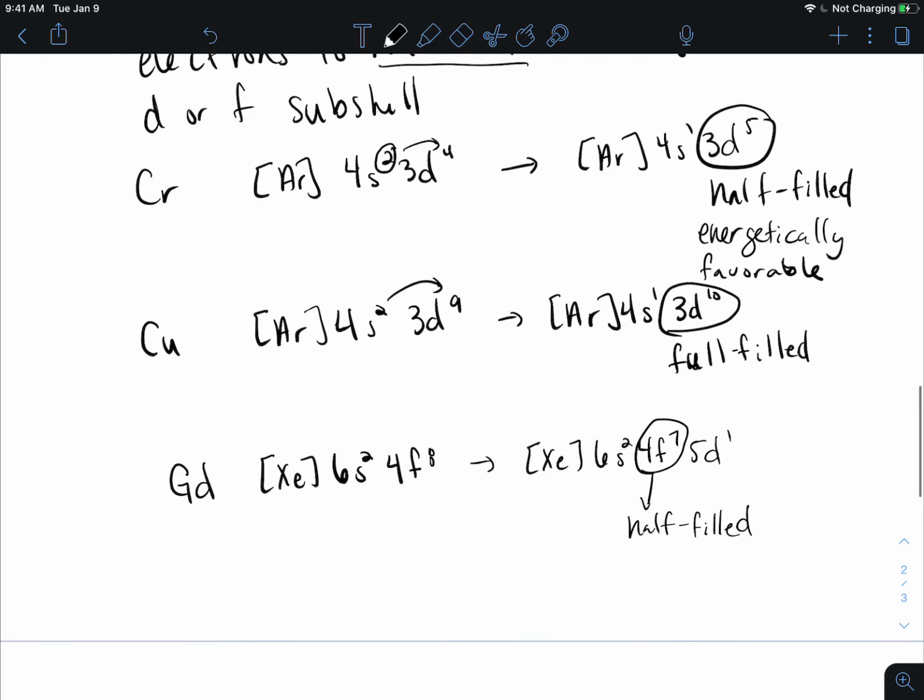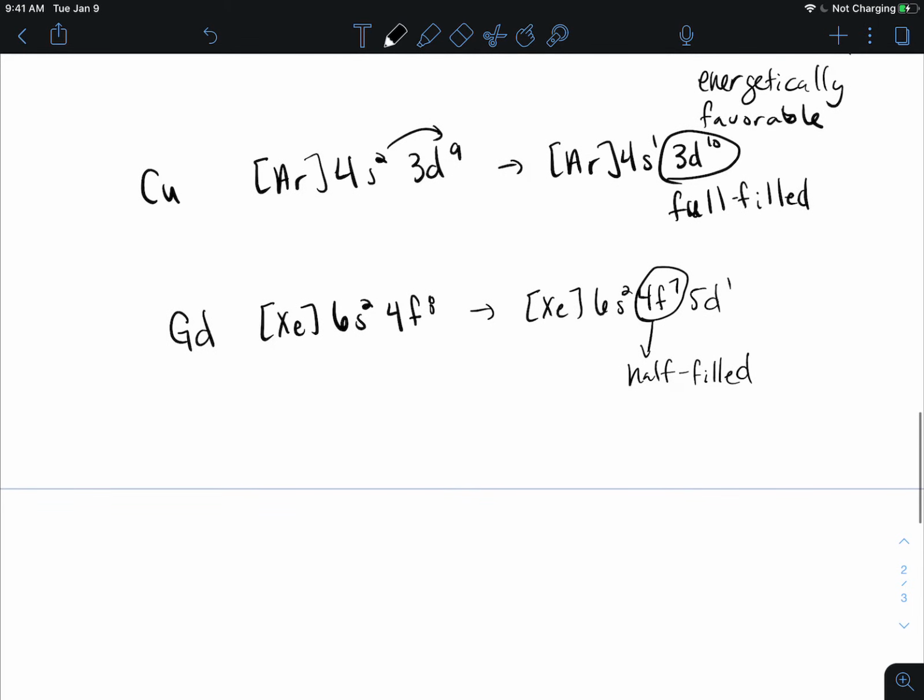We will also look at electron configurations for ions real quick. So our ions are going to be easy if we're talking about main block elements.